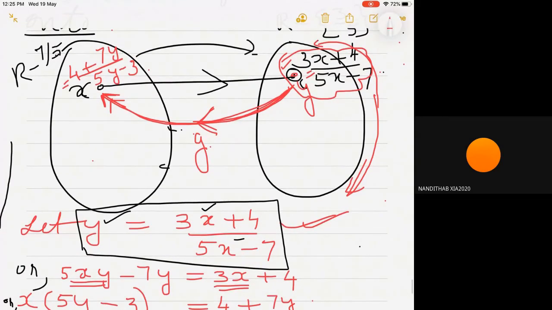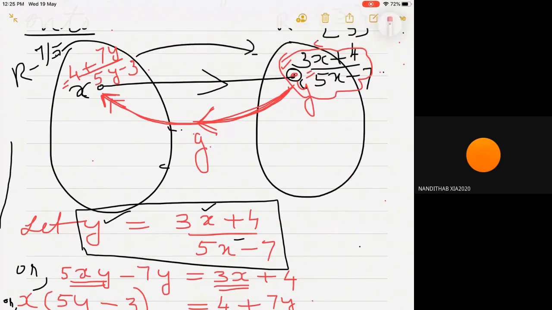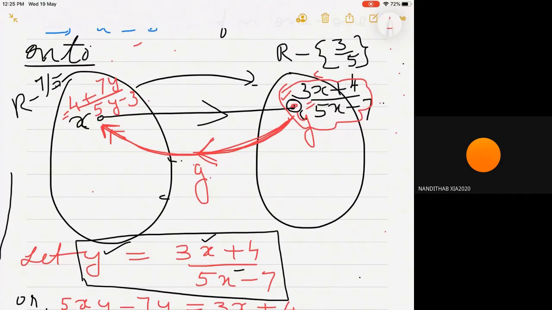After this, what you need to do is extend the value of y to the whole domain. Y is actually a particular point you have taken from the codomain of this function. This is your codomain. From there you have taken y.